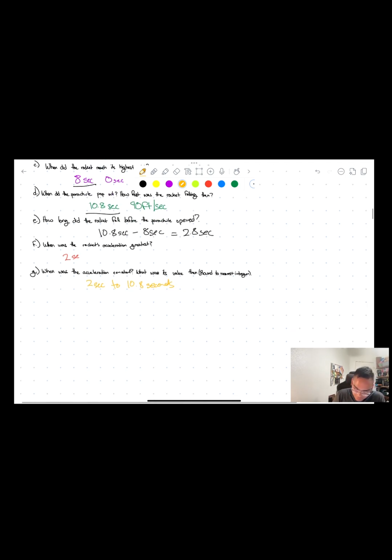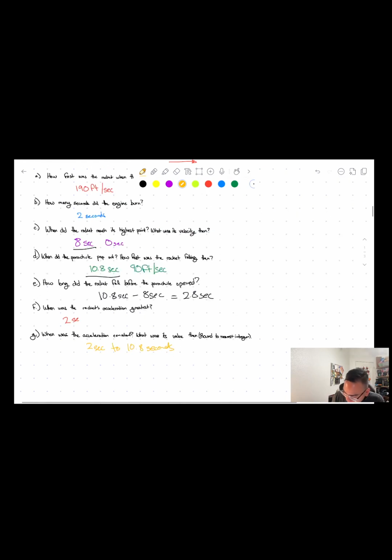Now, G has a second part to it. What was its value then? To round off its value, what we need to do is identify some intervals, right?